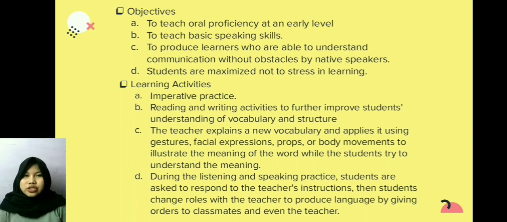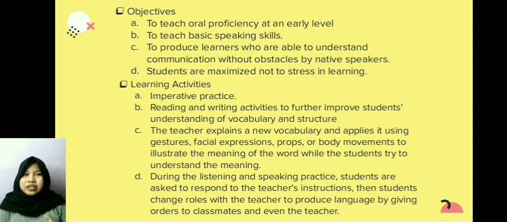The slide presentation is used as a visual centerpiece for the teacher's narrative, followed by comments and questions asked of students. In addition, reading and writing activities can also be used to further improve students' comprehension of vocabulary and structure, and as a follow-up to oral imperative drills.